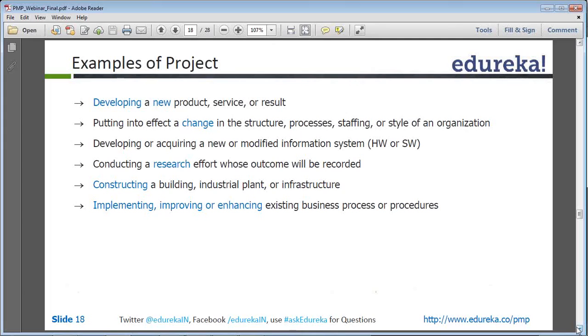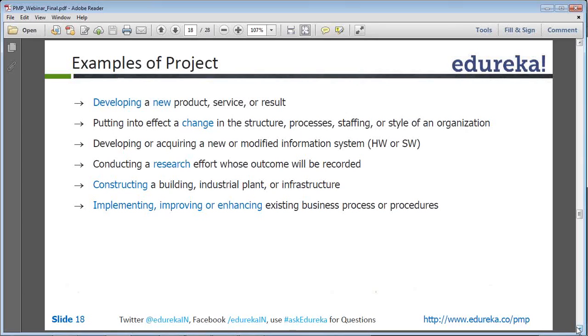Implementing, improving or enhancing existing business processes, those are also projects. Actually in our daily life, when we plan our kids' birthday celebration, that's a project. We plan and we execute.